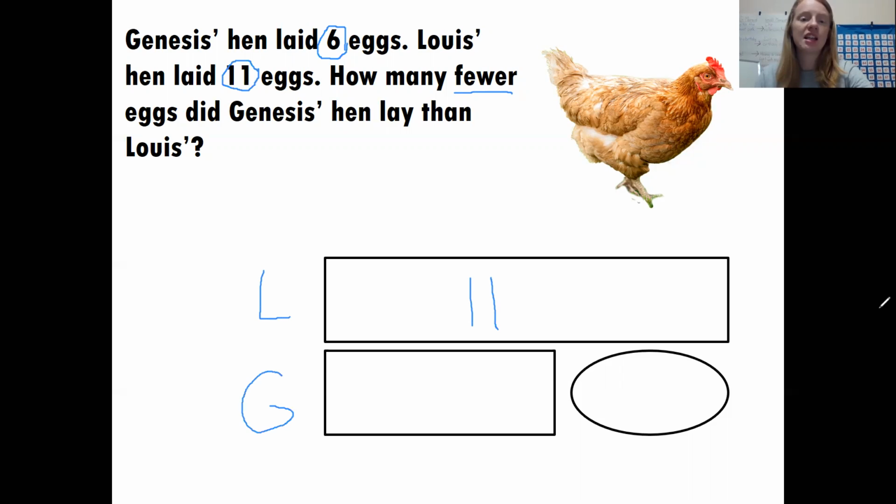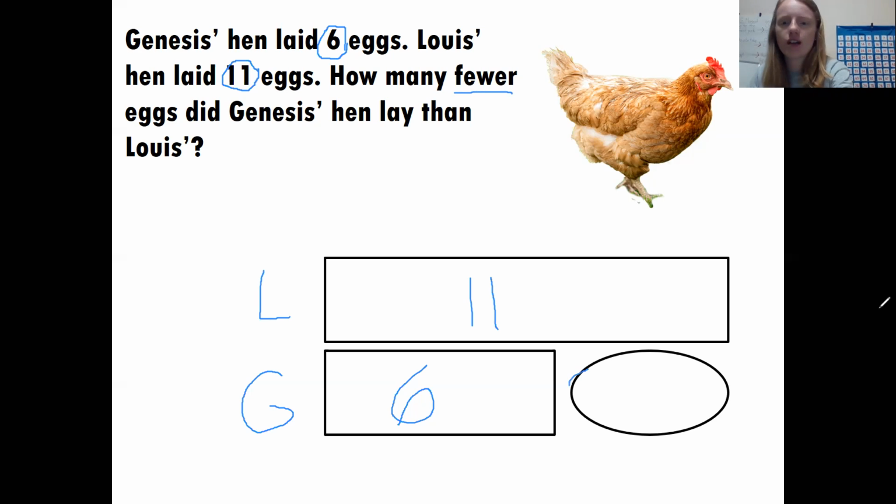Genesis's hen laid 6 eggs. Now let's check to make sure our bars look right. Is our larger number in the longer box? Yes. Is our smaller number in the shorter box, or the shorter bar? Yes. Okay, so we want to know how many fewer eggs did Genesis's hen lay than Lewis's.